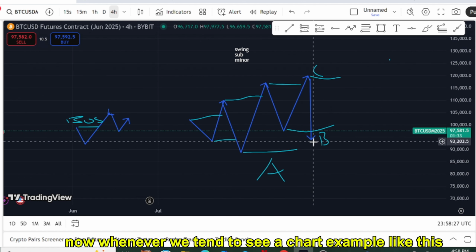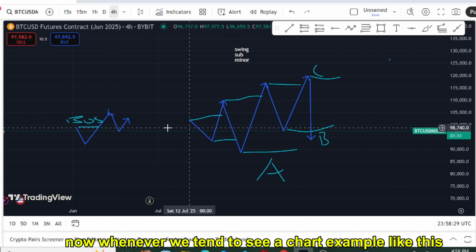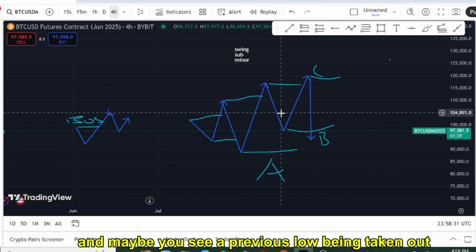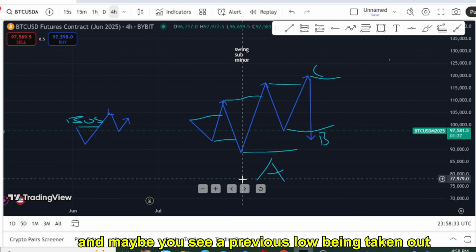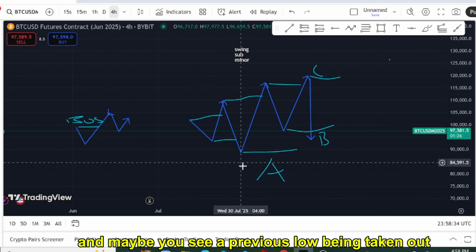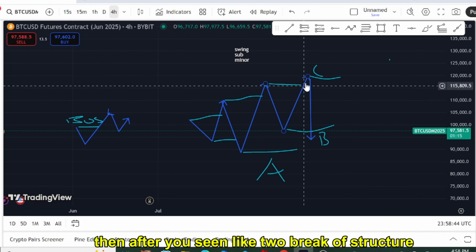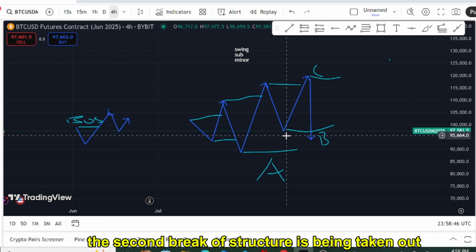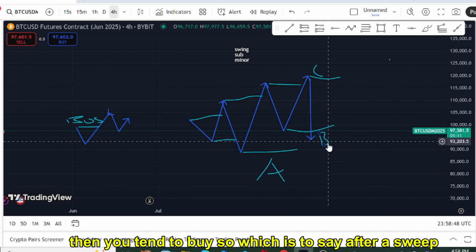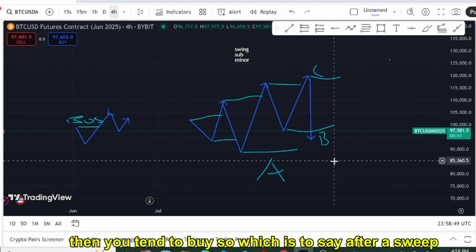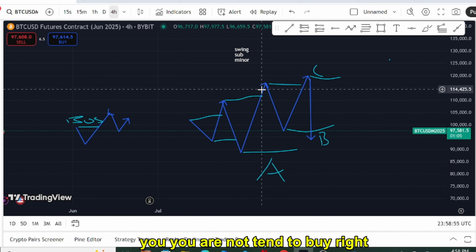Now whenever we see a chart example like this, and you see a previous low being taken out, then a first break of structure, another low, another break of structure, then after you've seen two breaks of structure, whenever the second break of structure is taken out, you buy. Which is to say, after a sweep, when you see your first break of structure, you do not buy, right?